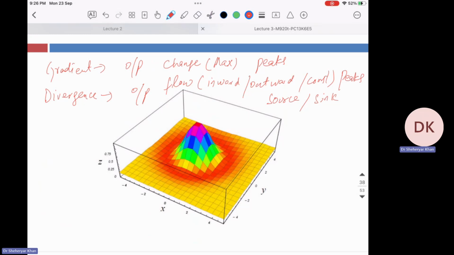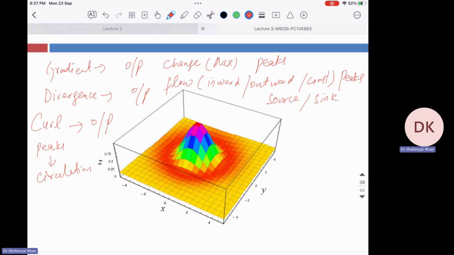Understand? Now the third thing, curl. Now the output will tell us the peaks that show circulation. In which part of the field the circulation is more concentric, right?